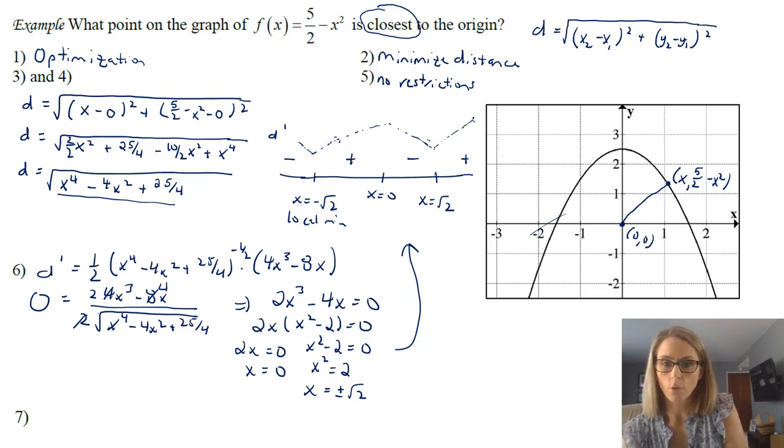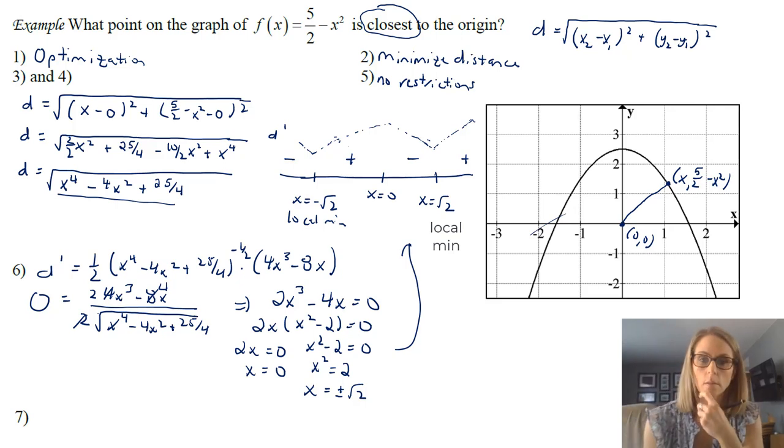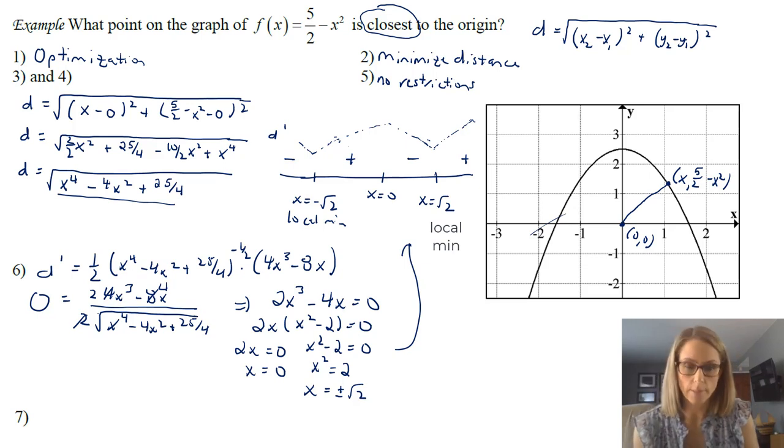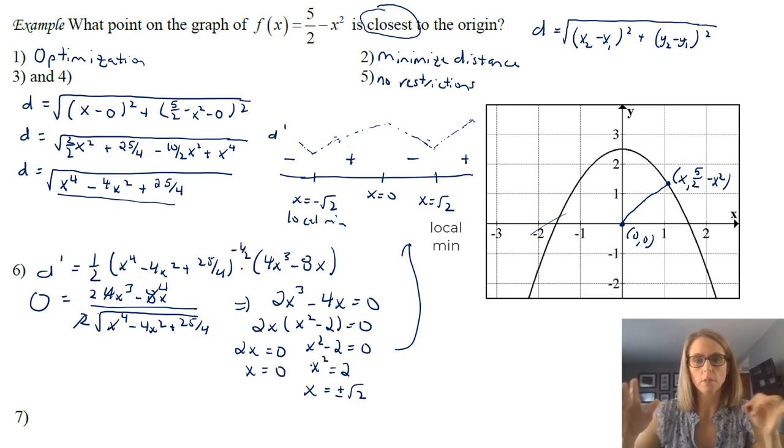And then you have another local min at the square root of 2. And that's not surprising because this is a parabola, and the parabola has, as you can see, symmetry. So not surprising.